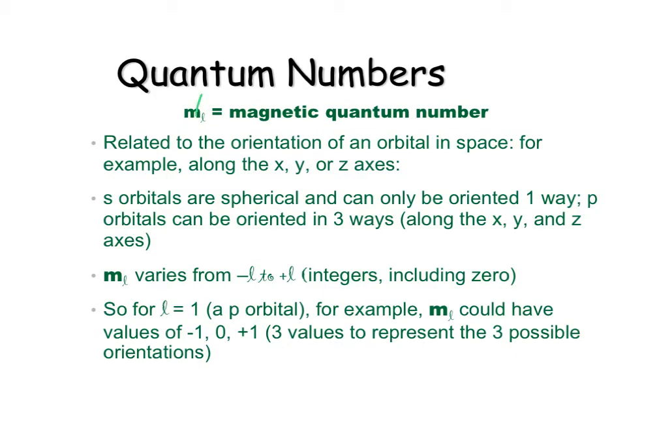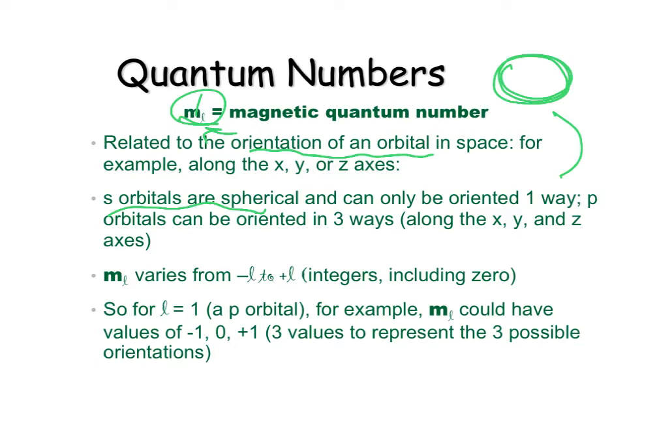All right, the third quantum number is m sub L, the magnetic quantum number. This is a funky one to understand. It's defined as describing the orientation of an orbital in space. This is where I wish I was in person. So s orbitals are spherical, right? So imagine holding a ball that's one color, so a handball or racquetball, okay?